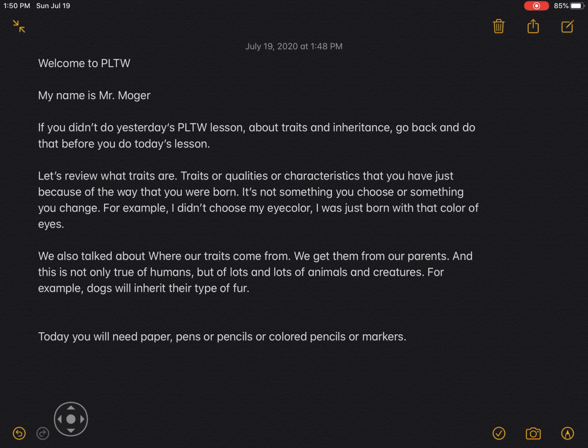The reason that they look different and they have different body structures and types of fur and color of fur and patterning in their fur is because they inherited those characteristics, those traits, those qualities from their parents. So today you'll need paper, pens, pencils, colored pencils, markers.